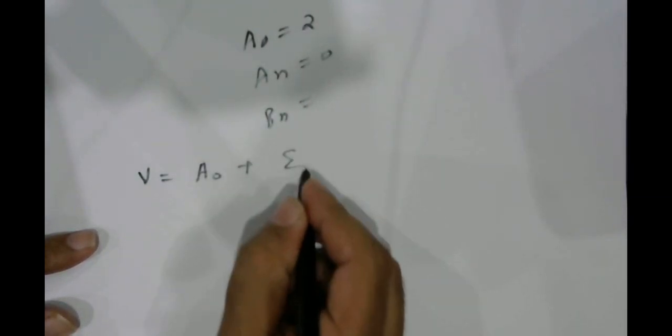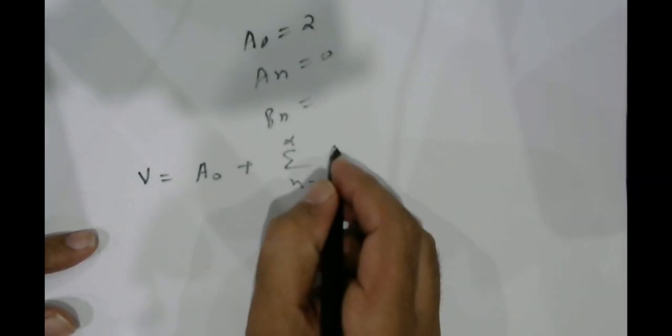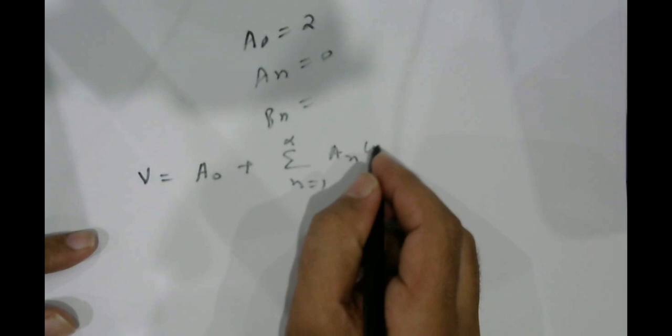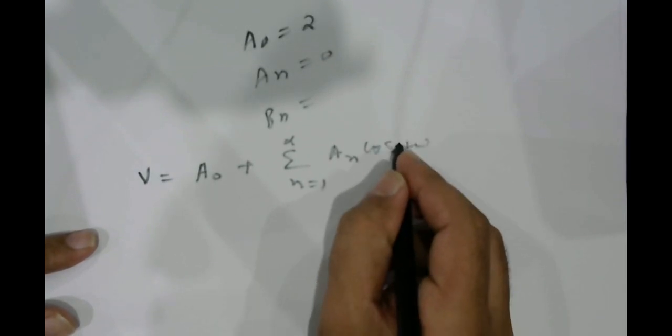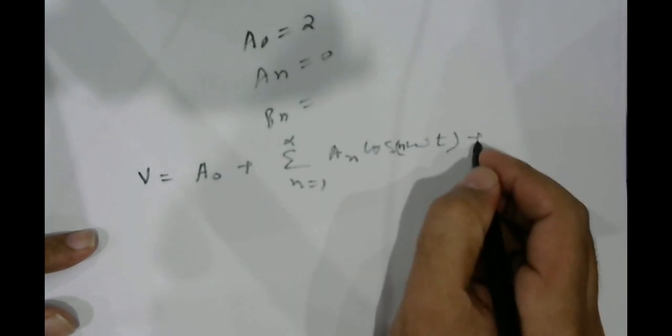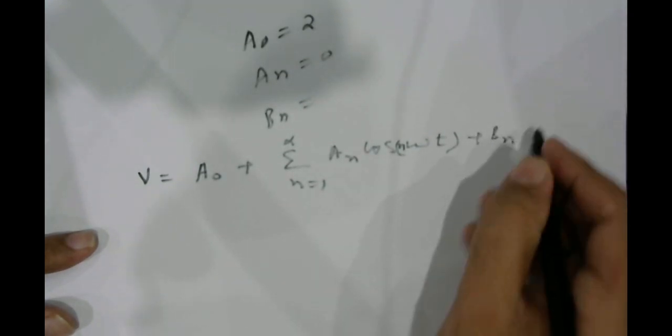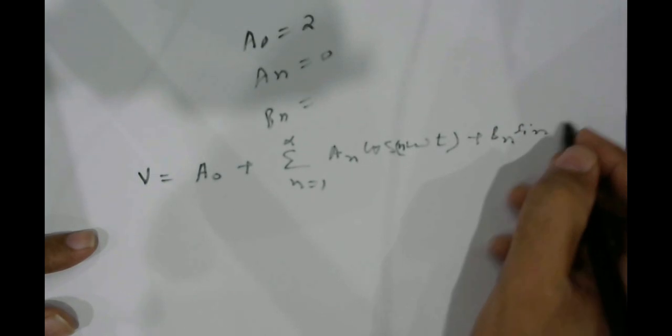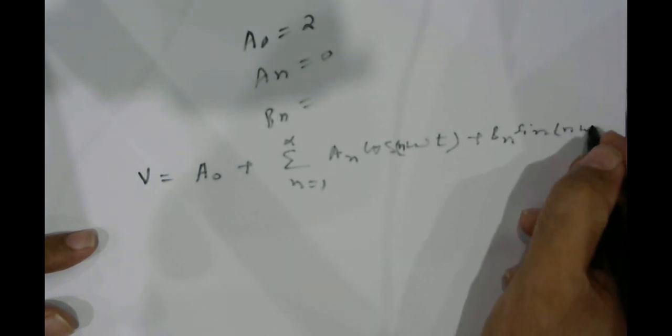That will be v is equal to a naught plus summation n equal to 1 to infinity a n cos n omega t plus b n sine of n omega t, right?